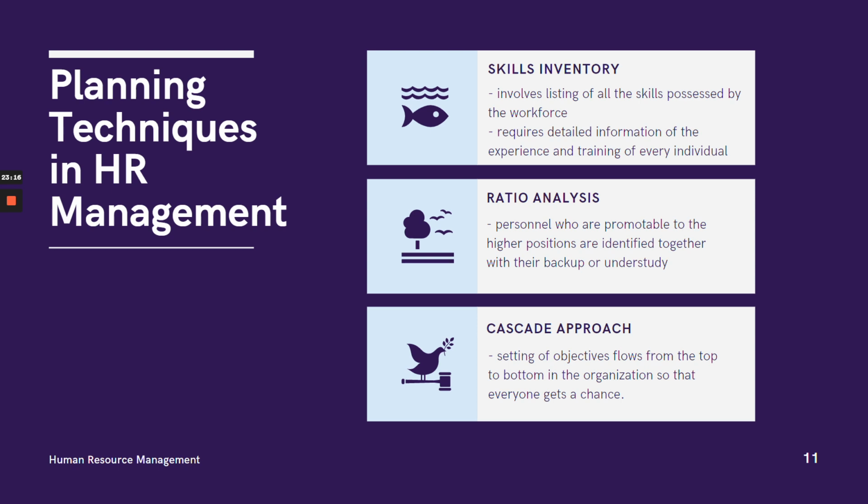The third approach is the cascade approach. In the cascade approach, the setting of objectives flows from the top to bottom in the organization, so that everyone gets a chance, no? So ang objectives niya dapat, nakahibalo ang tanan sa unsay objectives. Kani nga approach will result in the formulation of a plan wherein the objectives of the rank and file, katong mga employees, katong walay higher position, get included in the planning.